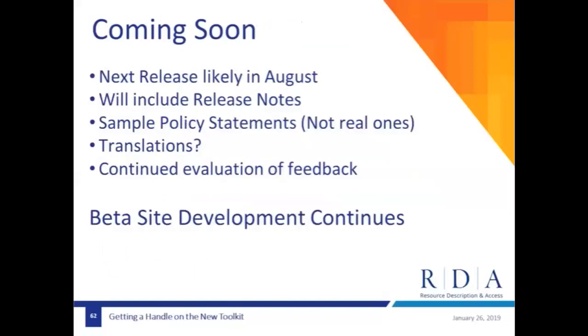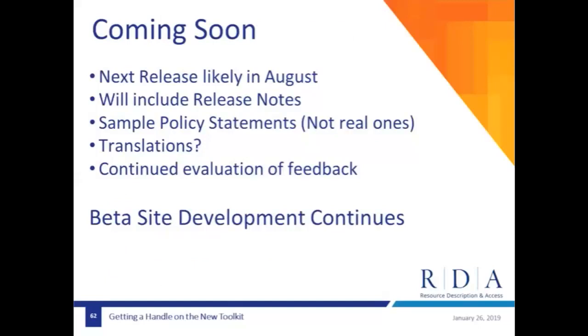So coming soon, the next major release to the toolkit will probably be in August. It'll include release notes because we are in that stabilized text. So if we come back in August and we've made changes to the text, they will be reported out to the public. I hope to add some sample policy statements during that time.